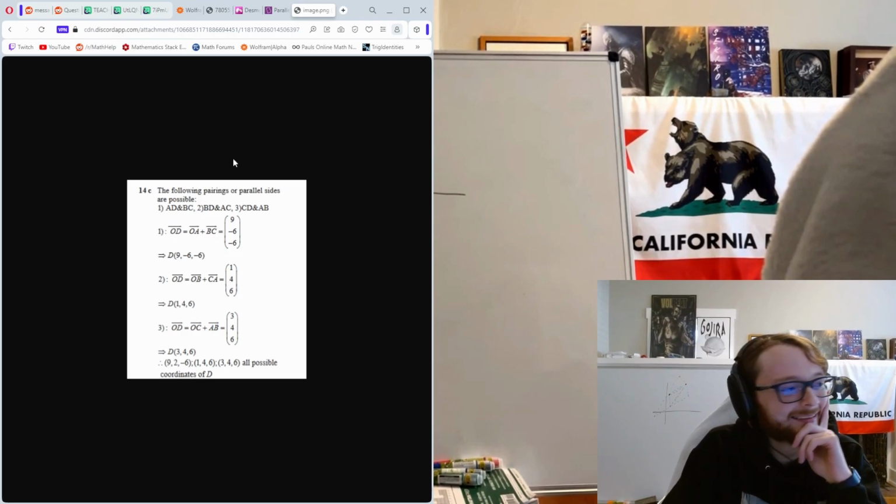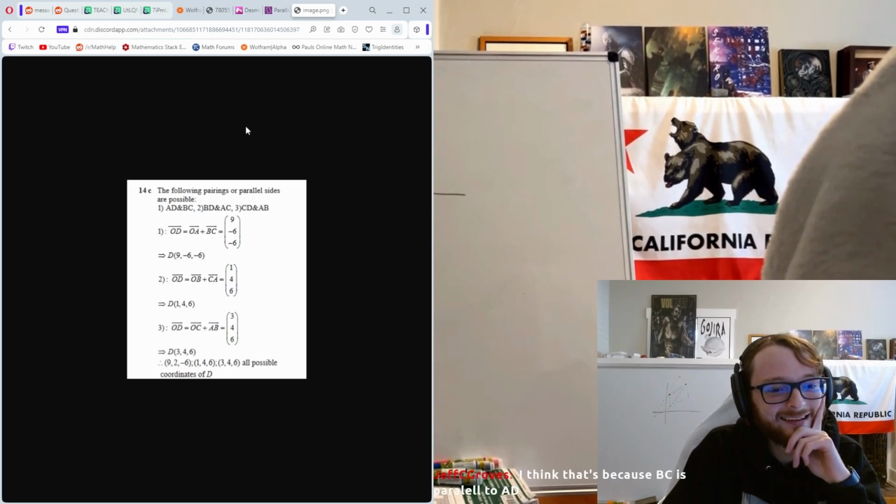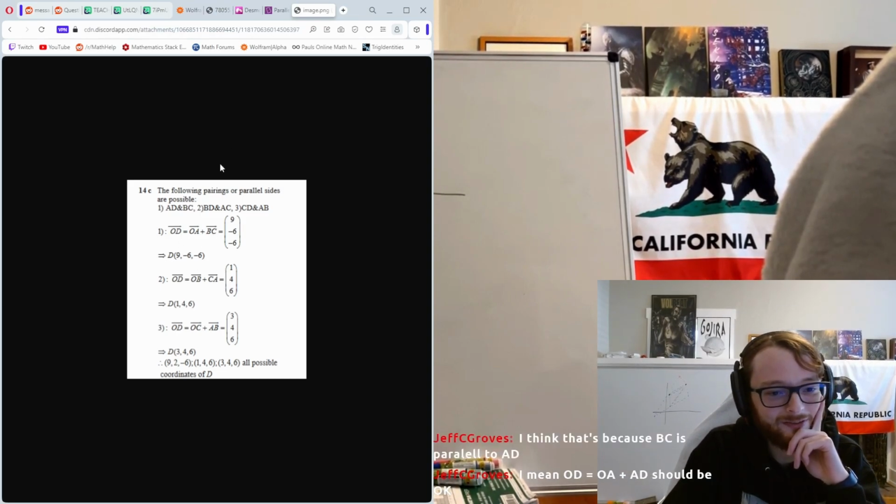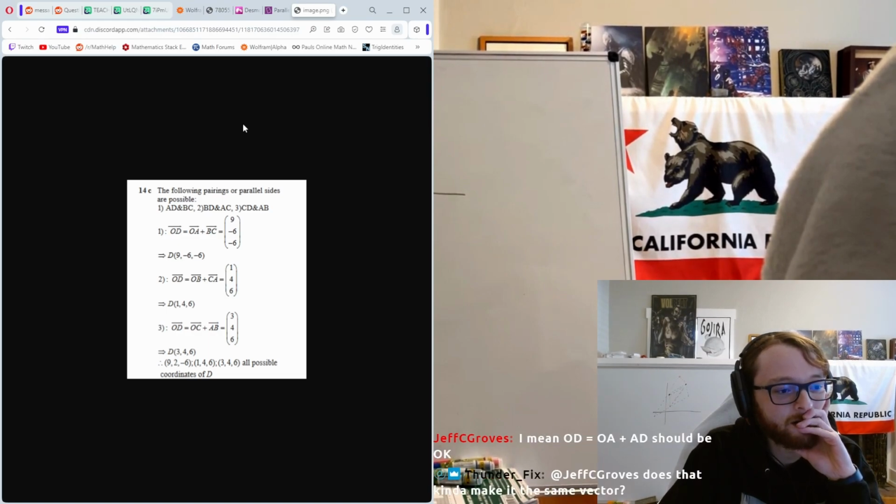It makes me uncomfortable to in one moment write it vertically like this, and then in another write it horizontally like this. But I think I know why. BC is parallel to AD. Yes. Oh, for figuring this part out.